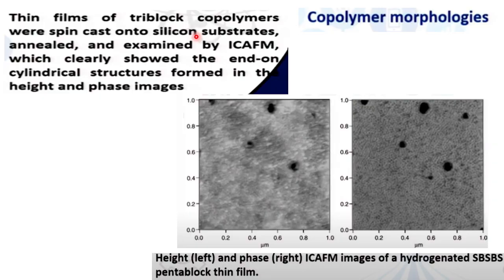So, a thin film of triblock copolymer, where first you cast it on a silicon substrate. For AFM, you should prepare a sample, a very dilute sample first. After that, you cast it on a glass substrate or silicon substrate, and then you dry it to evaporate the solvent, and then you should go for the testing.